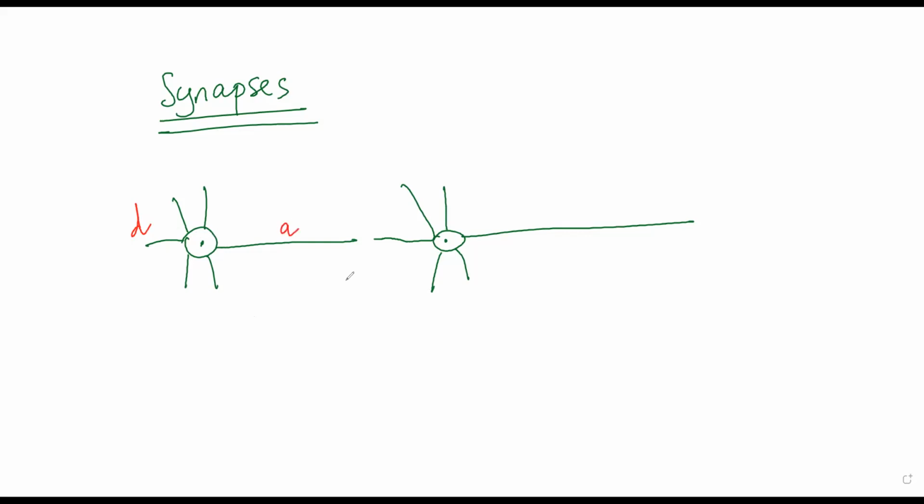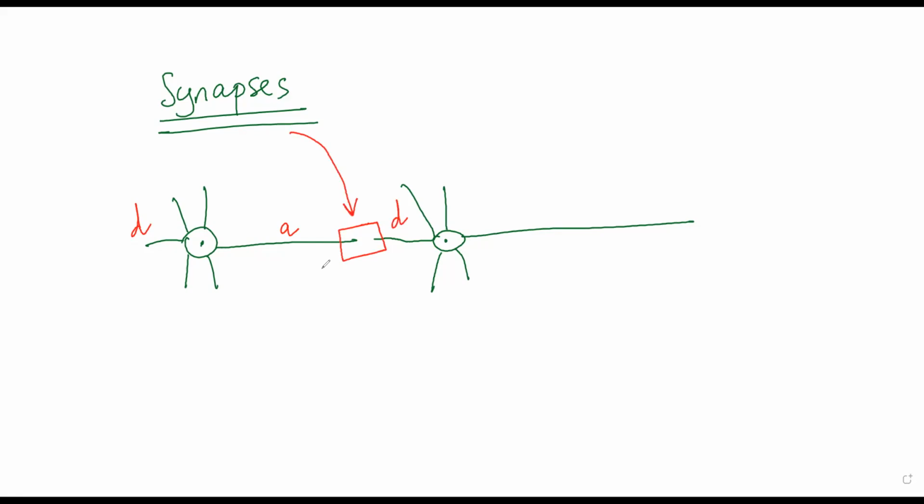And the axon gives it to another neuron, in this case its dendrite. So as you see, between the axon of one neuron and the dendrite of another neuron, there's a gap. This gap is known as the synapse. So synapse is the name of this gap between one neuron's axon and another neuron's dendrite. This gap must be between different neurons, guys, don't forget.